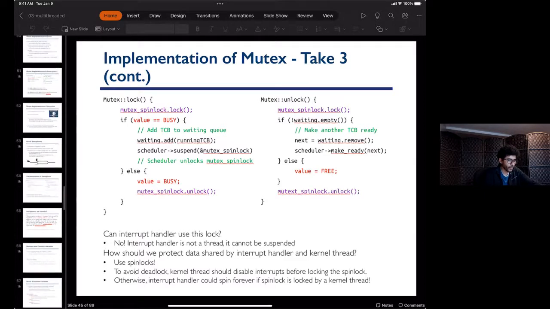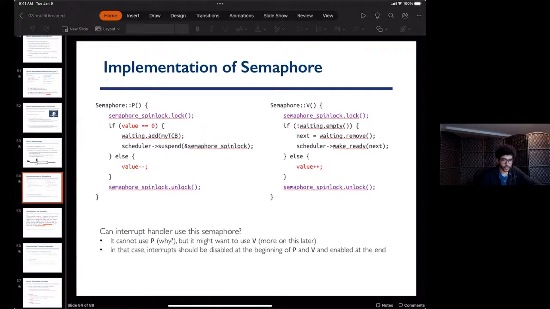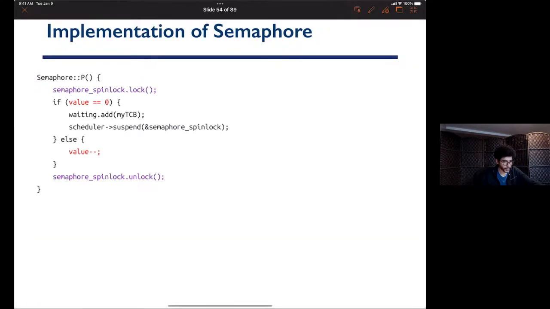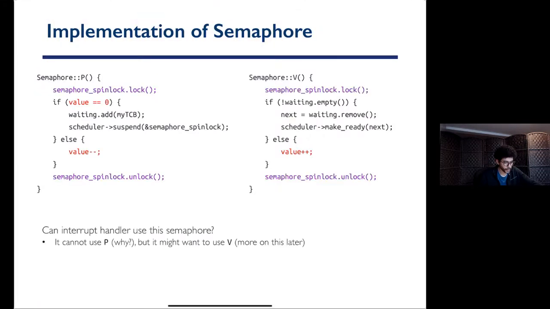Okay, so keep going. Now the question is, can an interrupt handler use P or V? The answer is the interrupt handler should not use P, definitely, because P has this suspend here.